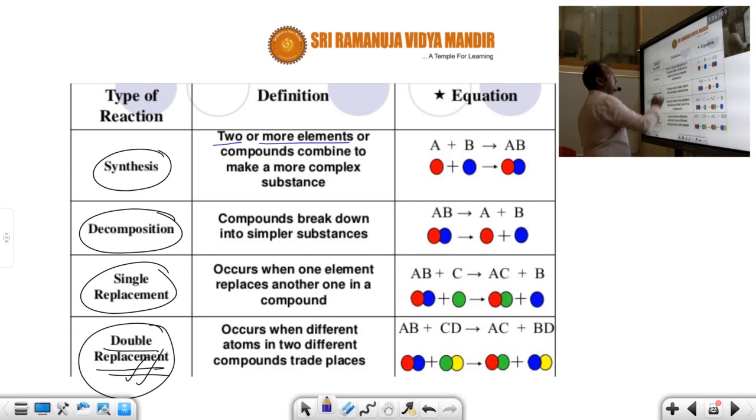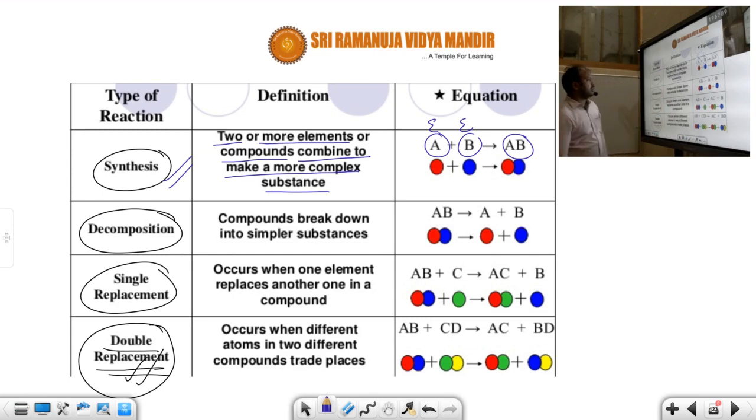Two or more elements or compounds combine to make a more complex substance. A is one element, B is one element, both combine to form only one new substance, AB. Whenever only one new substance is formed in the product side, that reaction is called a chemical combination reaction or synthesis reaction.